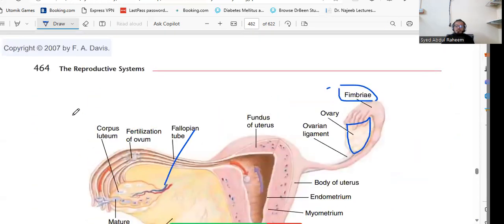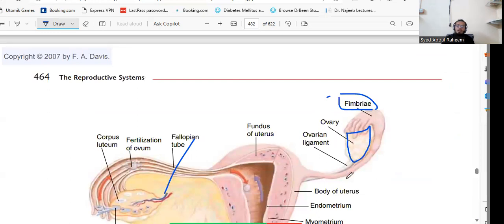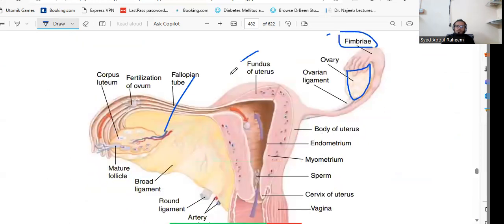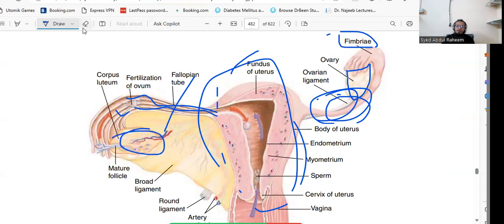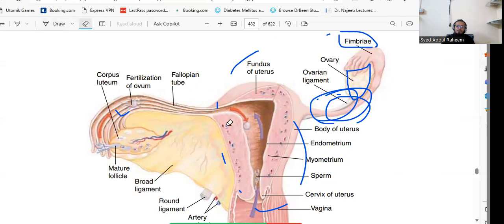So understood. This is the ovary, ovarian ligament, fimbriae, fundus of the uterus. This is the uterus, and this is a fallopian tube, where the ovum travels.